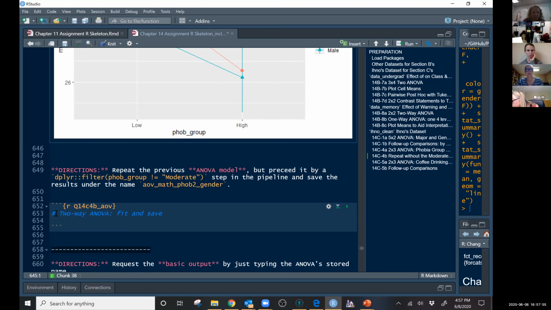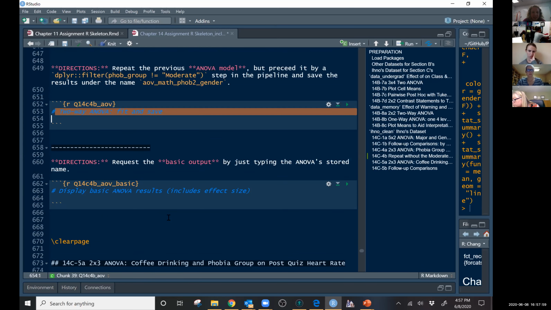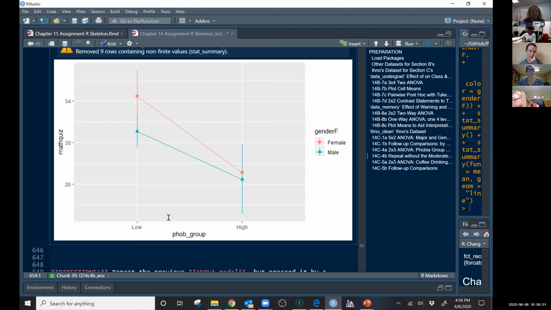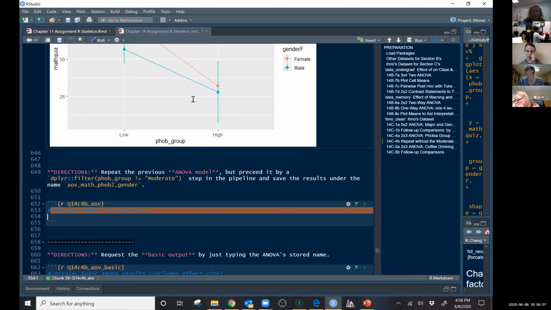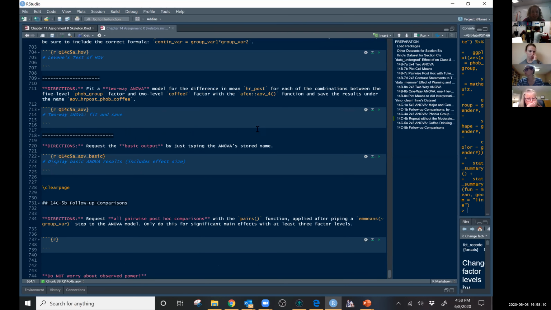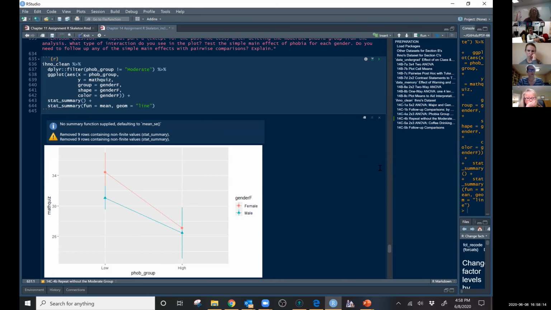Yeah, but this is where you're supposed to put the two-way ANOVA. Oh, okay. Mine doesn't have a place for the plot. Does yours? No. There we go. Okay. Oh, that might have gone too far. There. It's tiny. Can you guys read that at all?